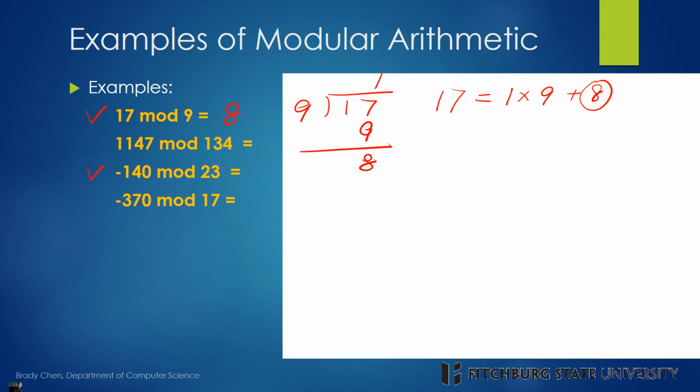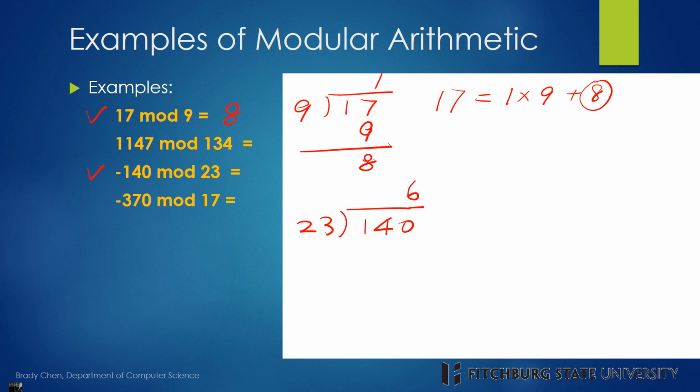Now we have a negative number. When you have a negative number, we can first do the division regardless of the sign. We divide 140 by 23. So let's see what the result is.